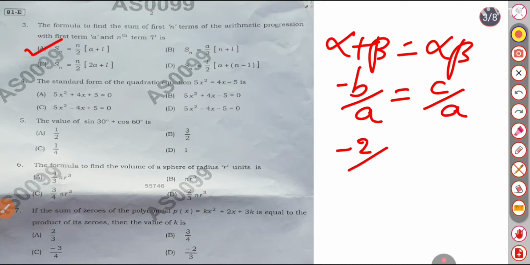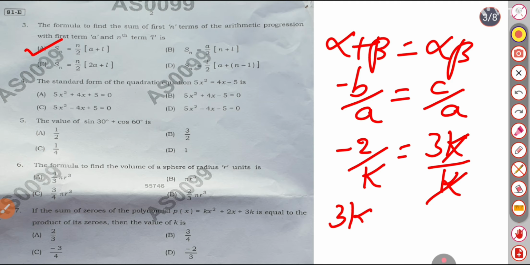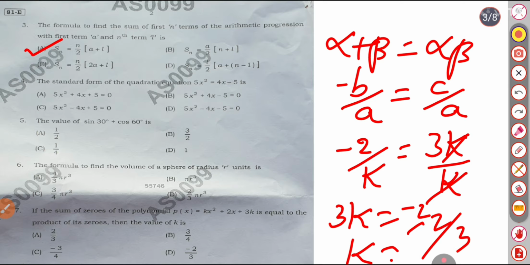It is k, the coefficient of x square, and c is what? 3k, and a is what? Again k. K cancels. So if you cross multiply, 3k is equal to minus 2 and k is equal to minus 2 by 3. So the answer is minus 2 by 3. Option D is the correct answer.